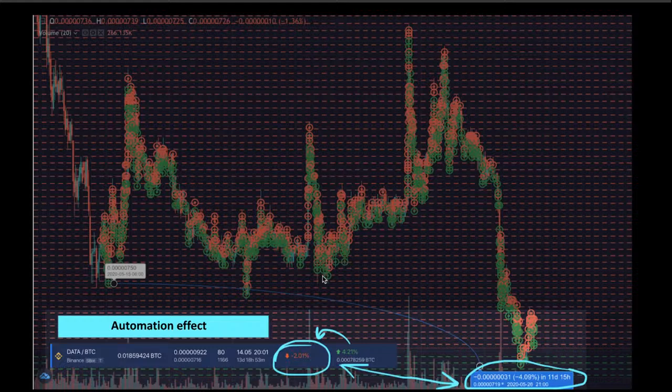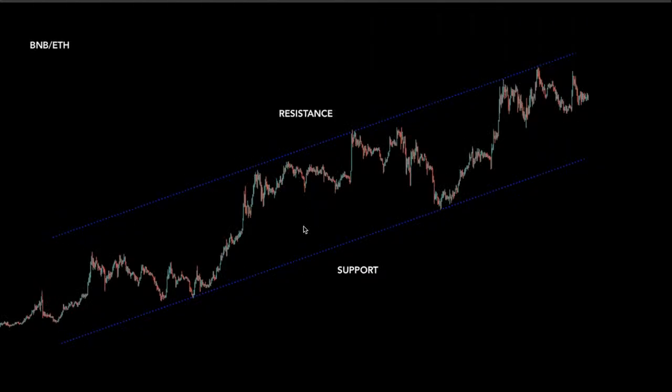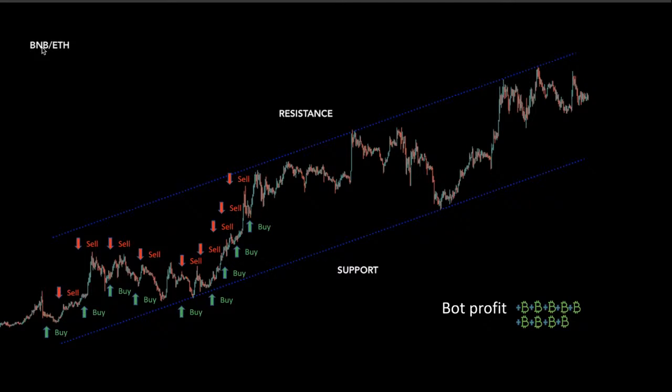Let's move on. Regarding optimal strategies, as I said, the upside market is one of the optimal scenarios to launch the bot, because here you are not only affected by the positive value change of your BNB, because the BNB is growing. That means that the price of BNB is appreciating, and that means that your investment value is also appreciating.